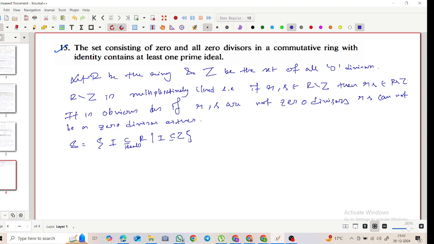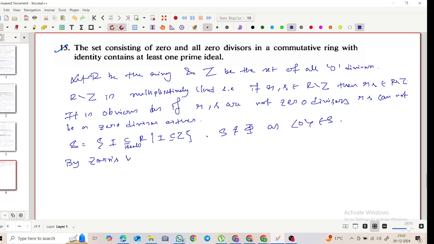So all those ideals which are contained in Z, you form the collection. S is non-empty as 0 belongs to S. Now you can take a chain and show that chain has an upper bound and so on.